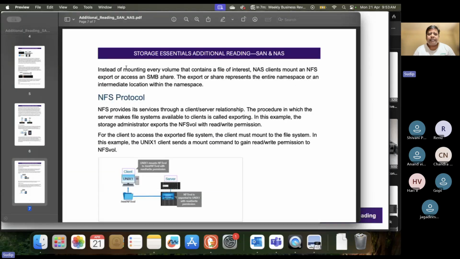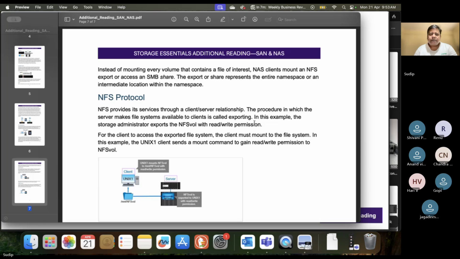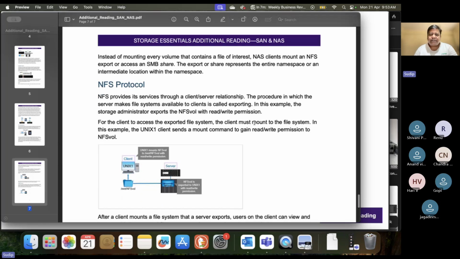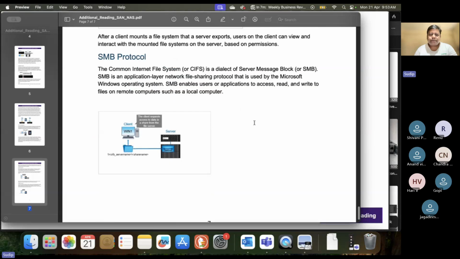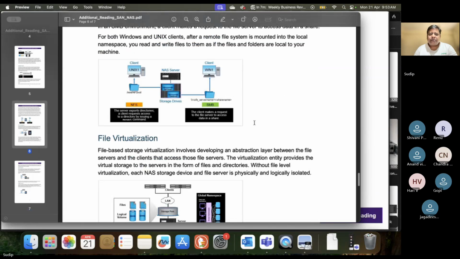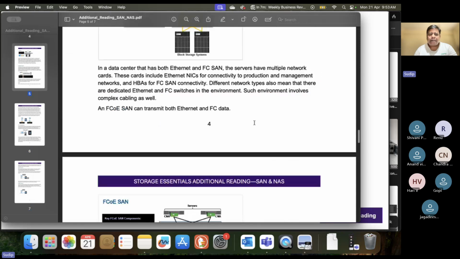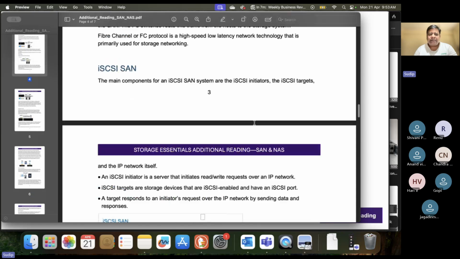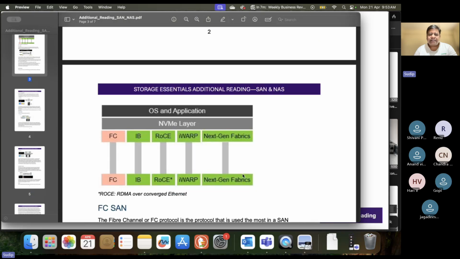Okay. See, this is what I'm going to share with you on WhatsApp today, right? It will tell you what is the NFS protocol, what is the SMB protocol, and what is a file system, a SAN, with diagrams and enough explanation and the various layers.